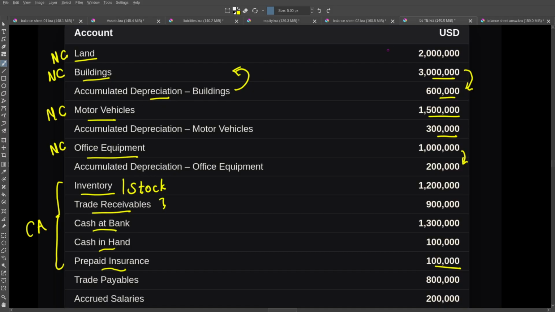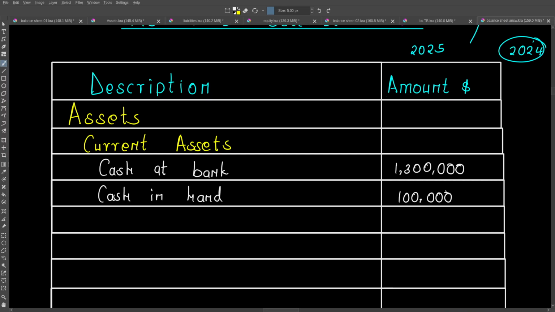Then we have trade receivable, an amount of 900,000. So basically here we are listing the current assets. We have now trade receivables, an amount of 900,000. And then we have inventory, and we also have prepaid insurance.